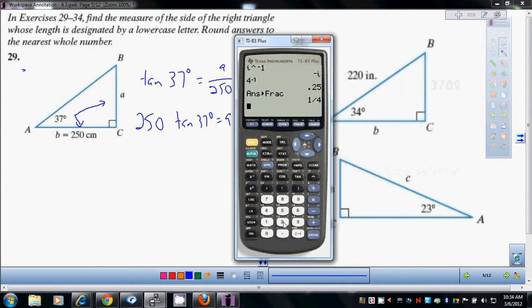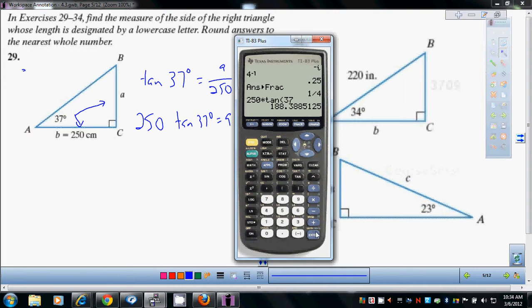Then just punch it in. 250 times tan 37 equals 188.4. And that's what A would be, 188.4. It's all about what angle you're using. If it's a degree given to you, you're going to use degrees. If it's a radian, if this was pi over 4 or something, you'd use a radian.